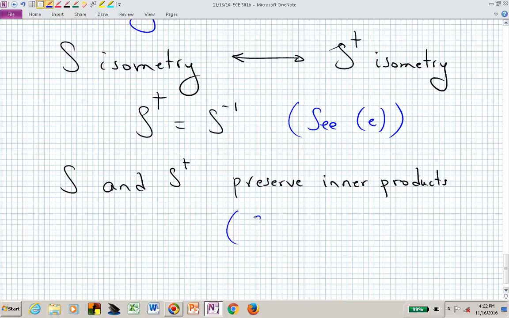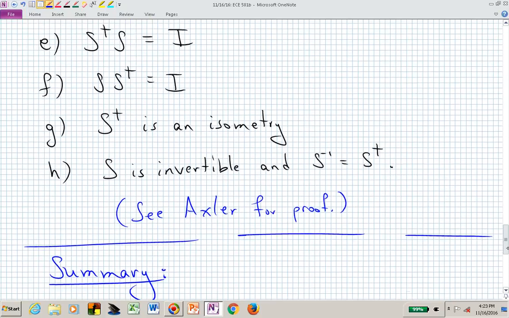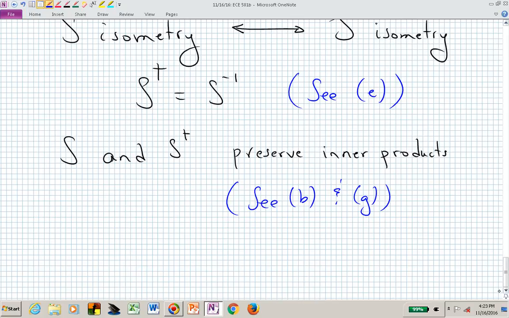And that then says, let's just refer back to B and G, where G was just S dagger as an isometry. A was S as an isometry, and B simply showed us that we preserved inner products. Now we can just go back to the beginning and say, oh, A, S dagger is an isometry.